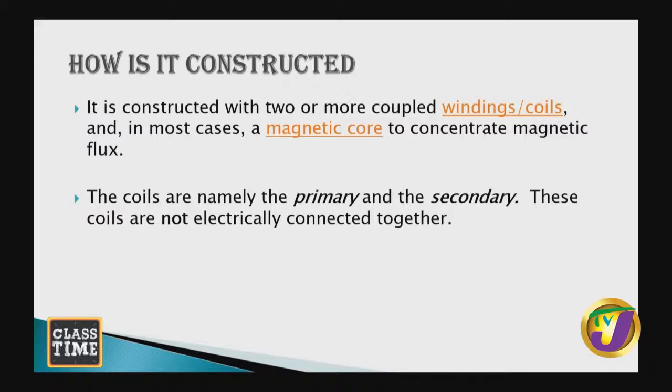The coils are namely the primary coil and the secondary coil. So we have two coils. One is called the primary and one is called the secondary coil. They are so constructed on what is called a magnetic core so that the magnetism that is created by one coil is transferred to the other coil effectively without any form of hindrance.